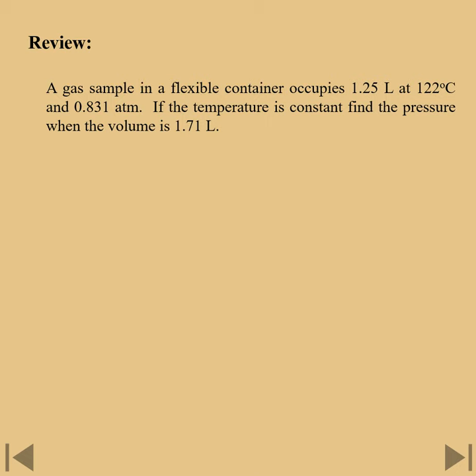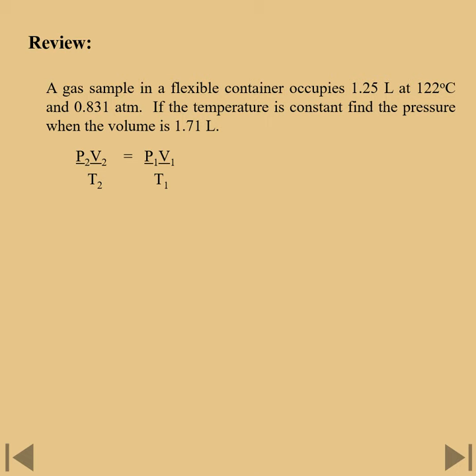Now, let me point out that our combined gas law equation handles Charles' law, Boyle's law, and Gay-Lussac's law all at the same time, and so we really only need one equation, our combined gas law equation. P2 times V2 over T2 equals P1 times V1 over T1.